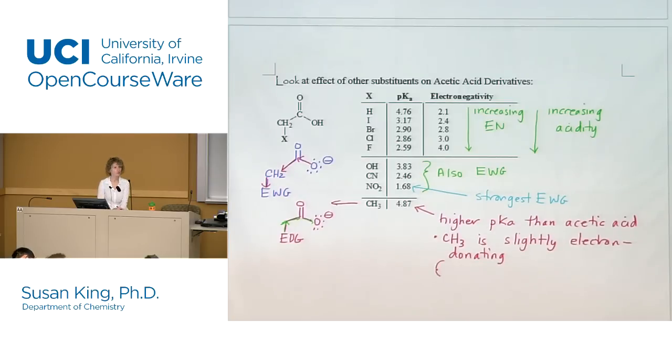When we have electron density flowing towards oxygen, it's going to make it more negative. This makes oxygen more negative. More negative is less stable. All right, so therefore the conjugate base is stronger.